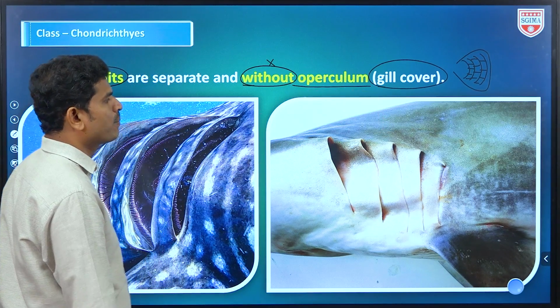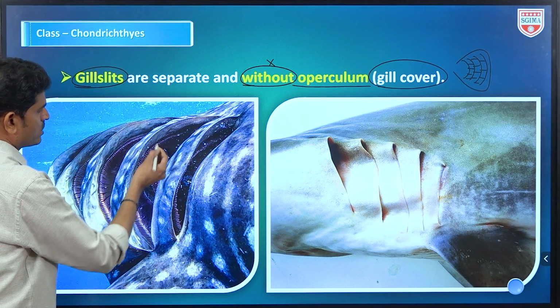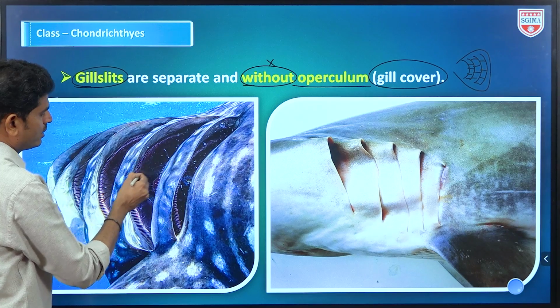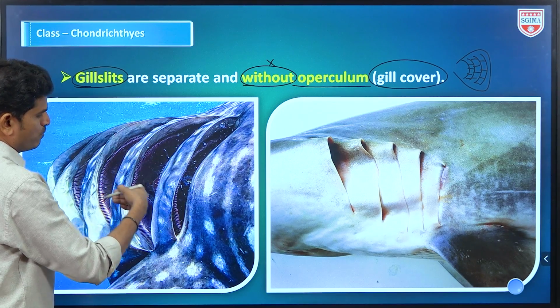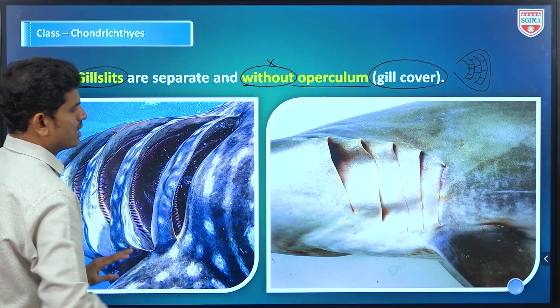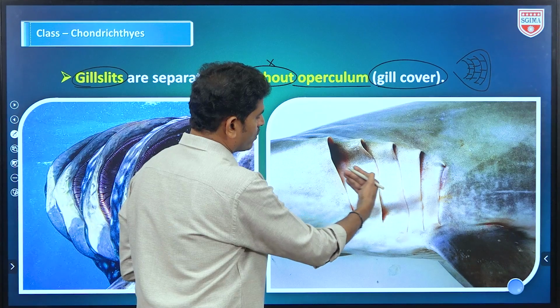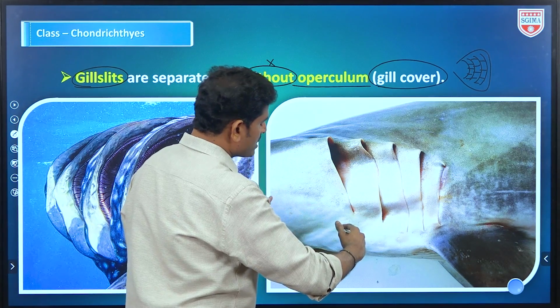Gill slits are present. ये देखो, this is a slit. So inside ये red color का दिख रहा है ना, that is only the gills arrangement. ये shark है, ये shark में ये gill slits है, gills. So this is also a shark. So side view में ऐसा दिखते, पानी अंदर से बाहर आते. कैसे जाते अंदर?